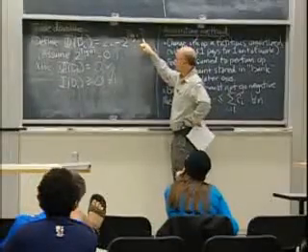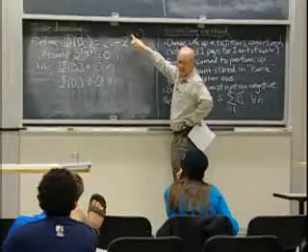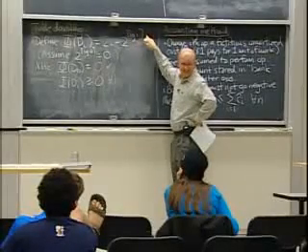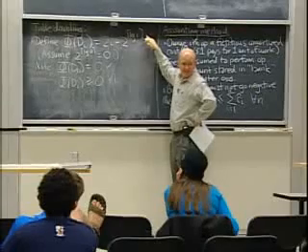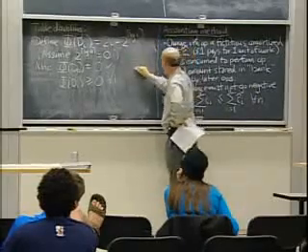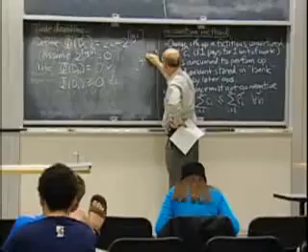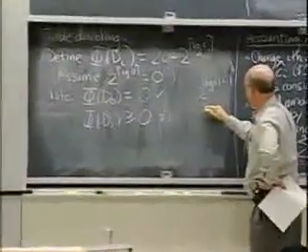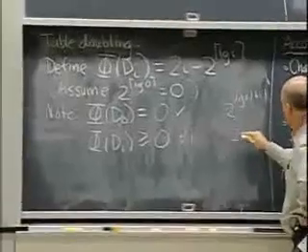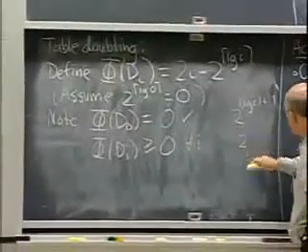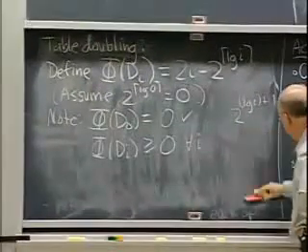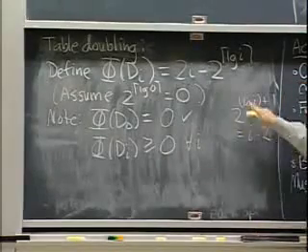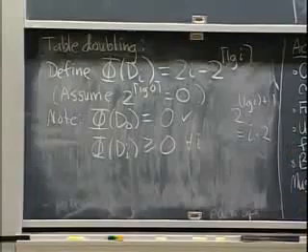If it's log i plus 1, 2 to the log i plus 1 is just 2i. That's the biggest it could be. Right? So 2 to the log of i plus 1 is just i times 2, i for that part, 2 for that part.